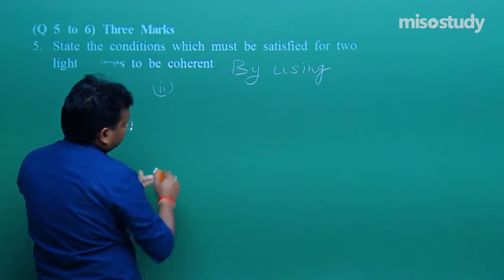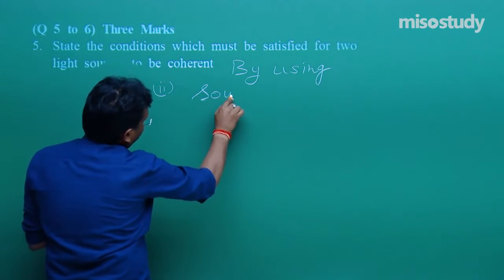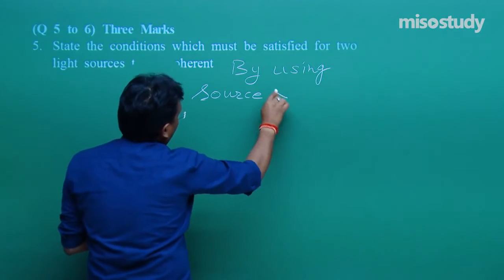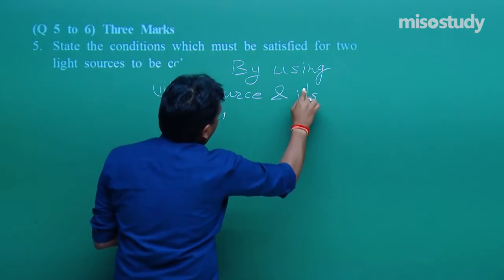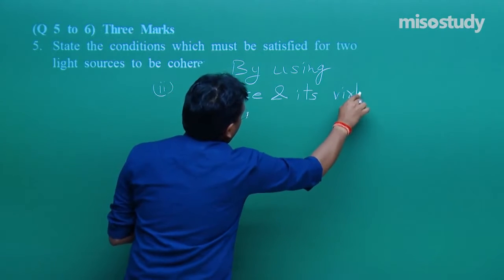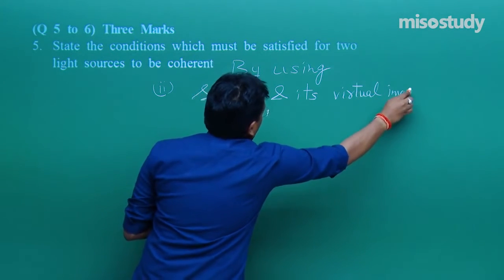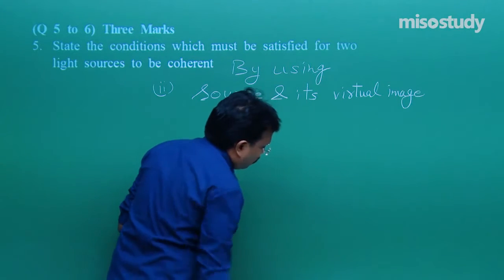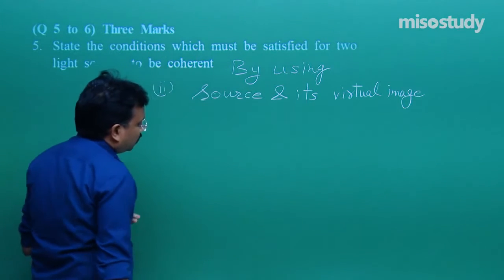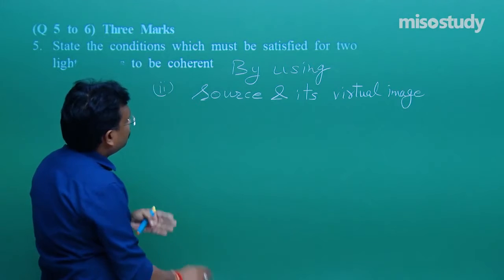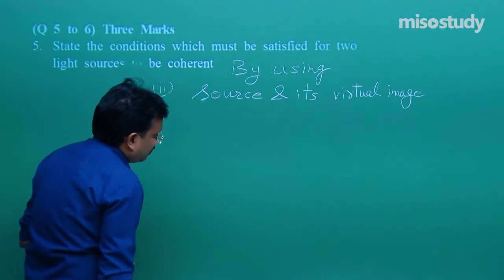That is, source and its virtual image. This is also a method to achieve this: two virtual images of the same source. Source and its virtual images.